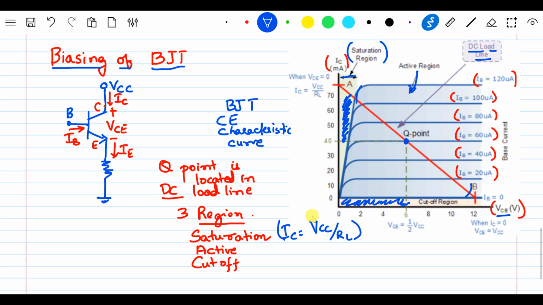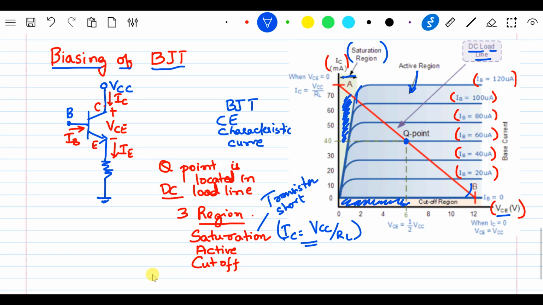So this is the maximum collector current. Therefore, at maximum IC, the transistor gets into saturation. Once the transistor gets into saturation, it will start behaving as a short circuit. Keep that in mind.